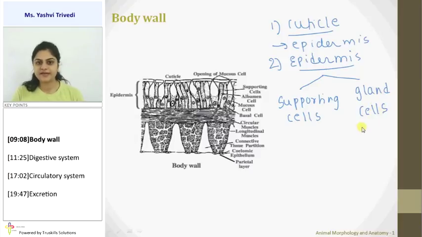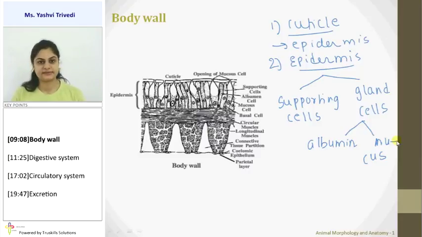Gland cells are mainly there for secreting two things: one is albumin and the other is mucus. So accordingly there will be albumin cells and mucus cells, as you can see in the diagram. The epidermis also has some sensitive cells present.